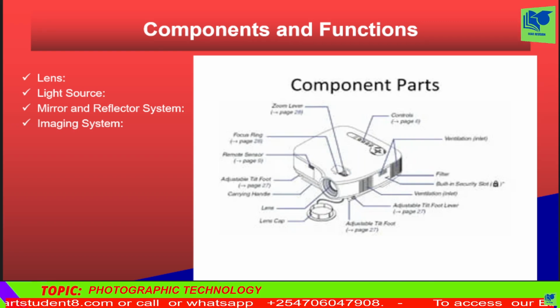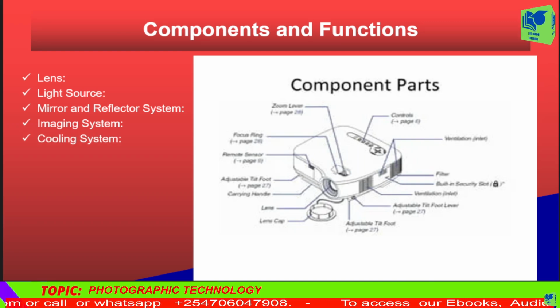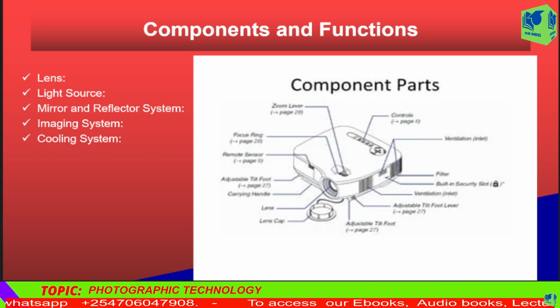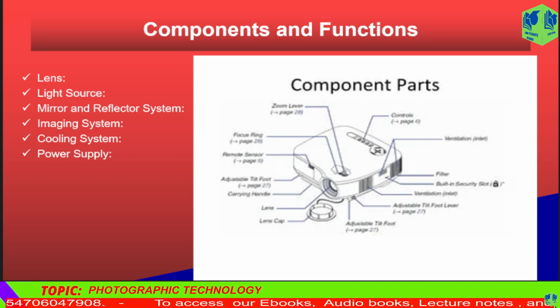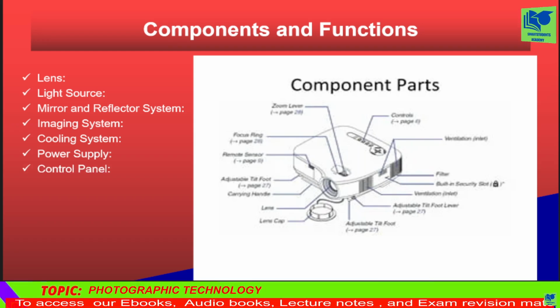Imaging system. Converts the content into a projected image. 5. Cooling system. Prevents overheating of the internal components. 6. Power supply. Provides electrical energy to operate the projector. 7. Control panel. Allows users to adjust focus, brightness, and image alignment.